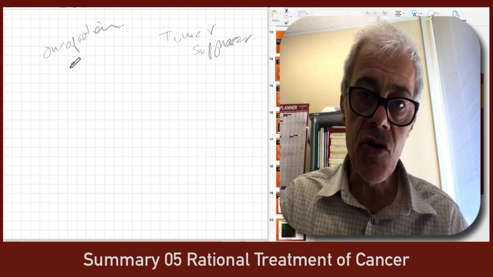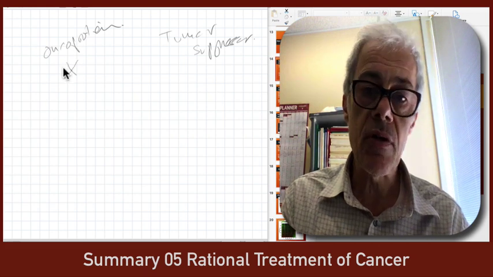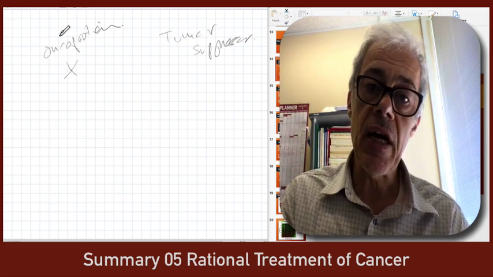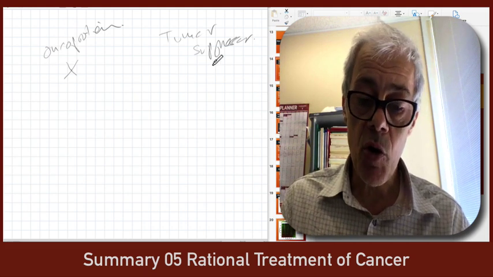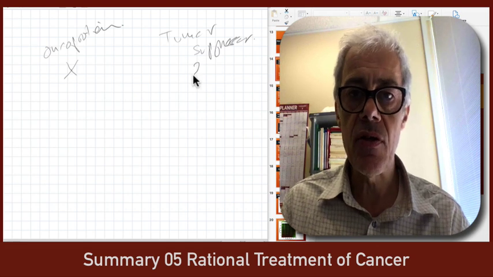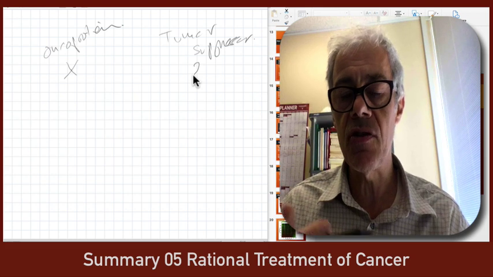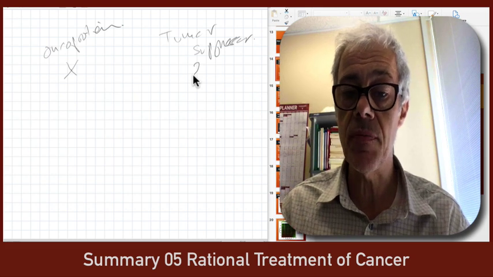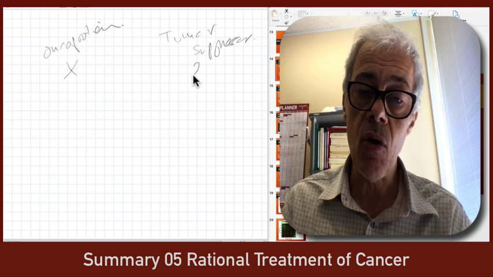If an oncoprotein is driving growth, then it's a good target, because if you can knock out an oncoprotein, you inactivate the thing that's driving growth. If a tumor suppressor is stopping growth, then why would you knock out something that's stopping growth? It makes no sense, because the whole point of the drug treatment is to try and reduce the growth of the cells. So leave the tumor suppressors alone so that they can halt growth.